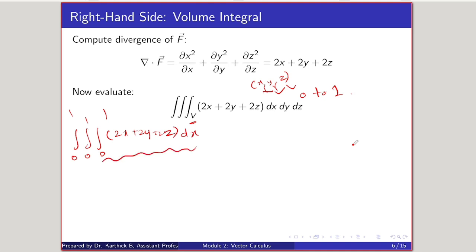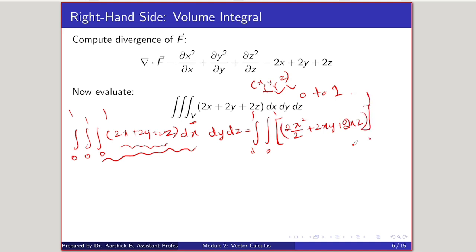First we will evaluate this internal integral. I have to integrate with respect to x, so it will be 2x square by 2 plus 2xy plus 2xz from 0 to 1, dy dz.